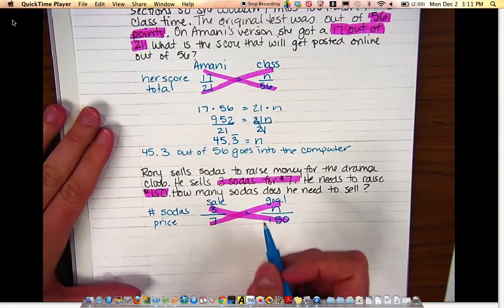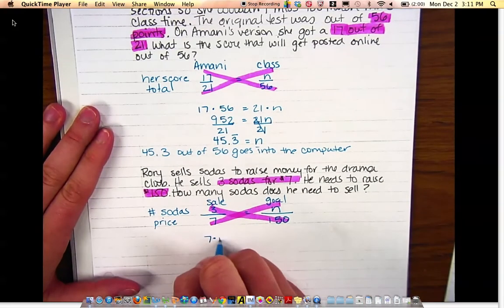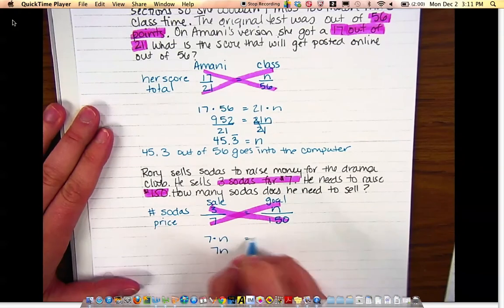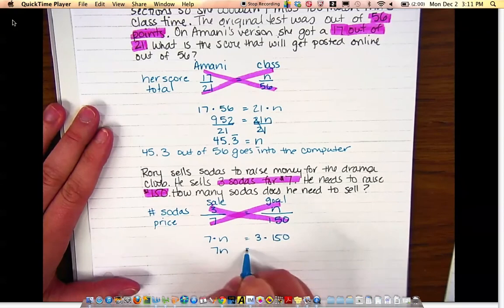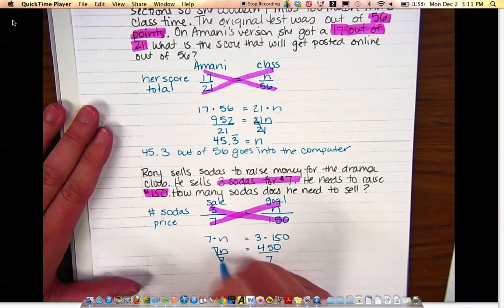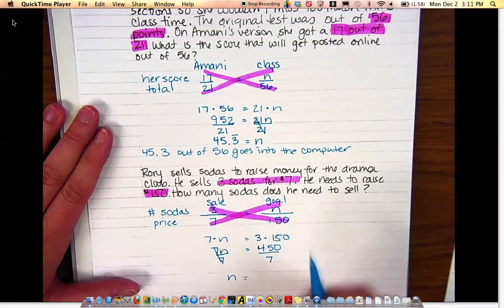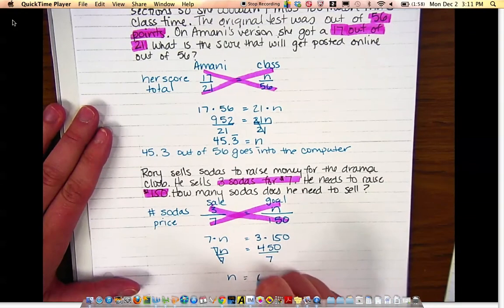Okay, so 7 times n gives me 7n. 3 times 150 gives me 450. I have a one-step equation here. I need to solve for n, so I'm going to divide by 7 to solve for n. 7 divided by 7 is 1. 450 divided by 7, that's going to be 64.3.